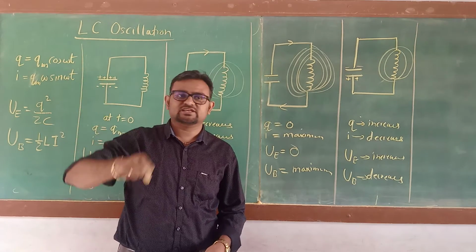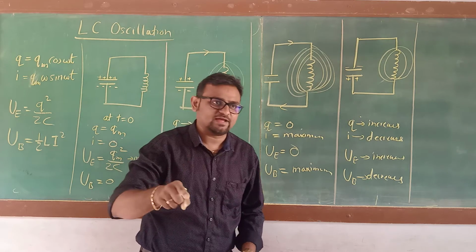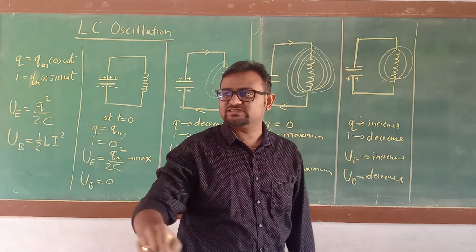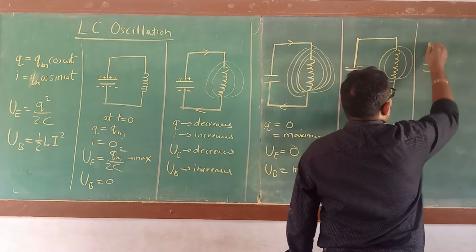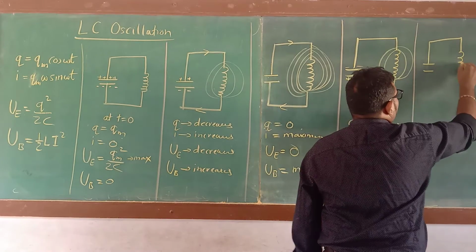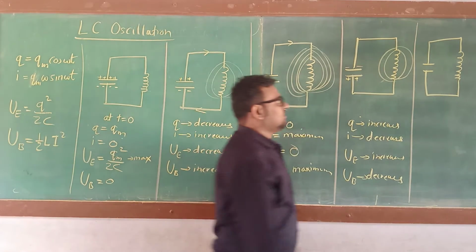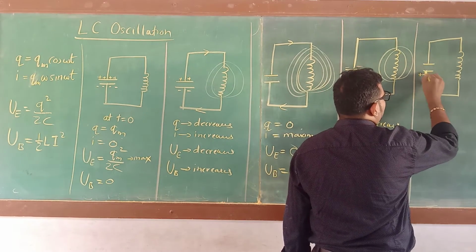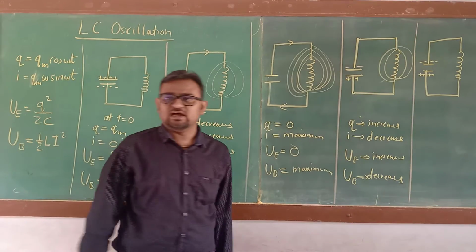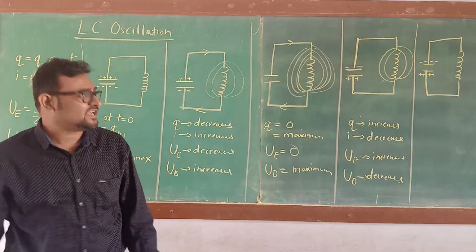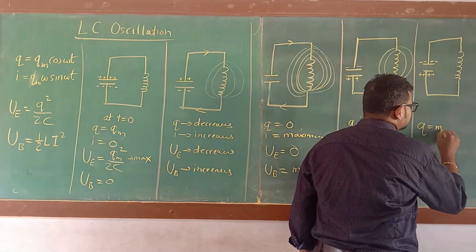Now the current decreases and it becomes 0. And at that time the capacitor gets maximum charge. So what happened? This plate becomes positively charged and the other becomes negatively charged, and the current reduces to 0. That means in this case Q is maximum.